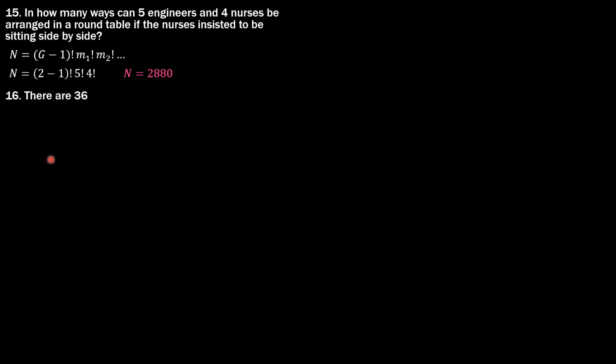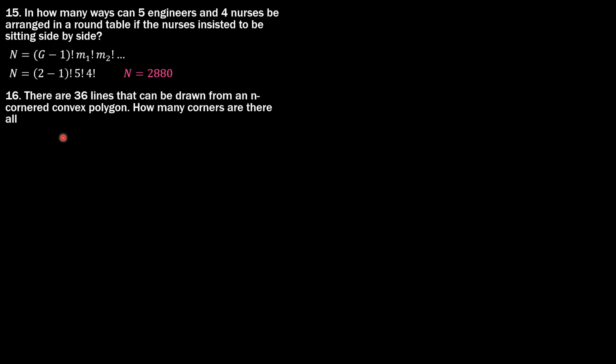16. There are 36 lines that can be drawn from an n-cornered convex polygon. How many corners are there all in all? Take note that if there are 2 points, points 1 and 2, if we draw a line from point 1 to point 2, that's the same line, same combination.